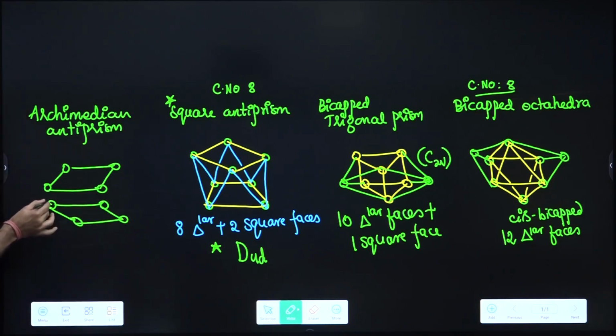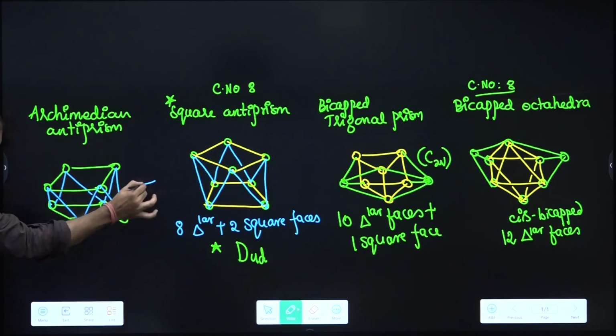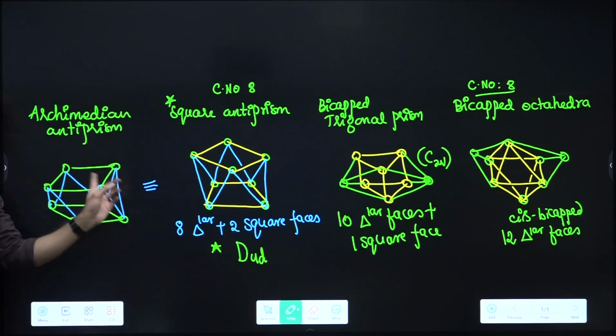This is also square antiprism but in a different view. Same thing. In some books it is given like this, in some books it is given like this. Both are one and the same, you need not get confused.